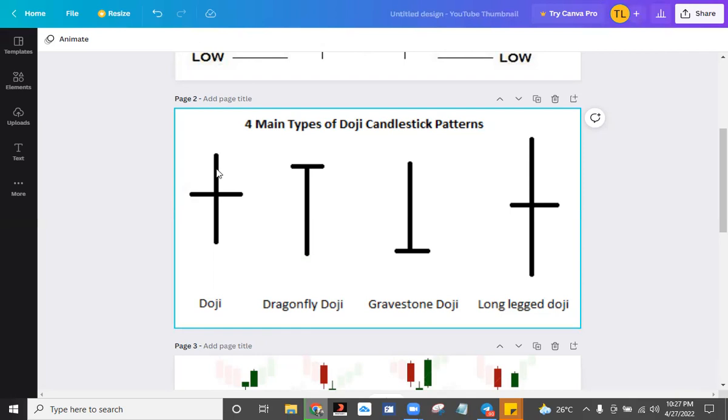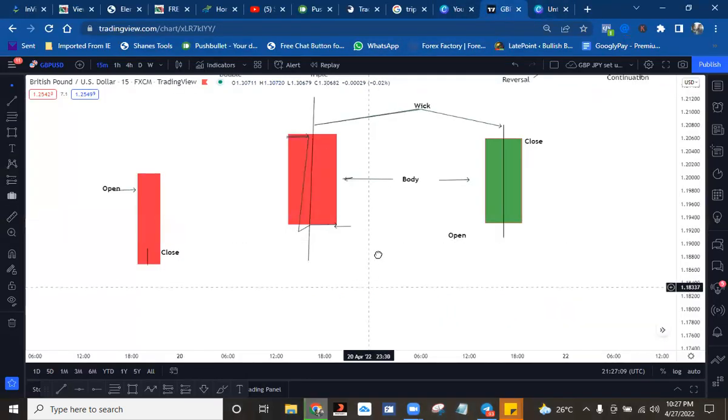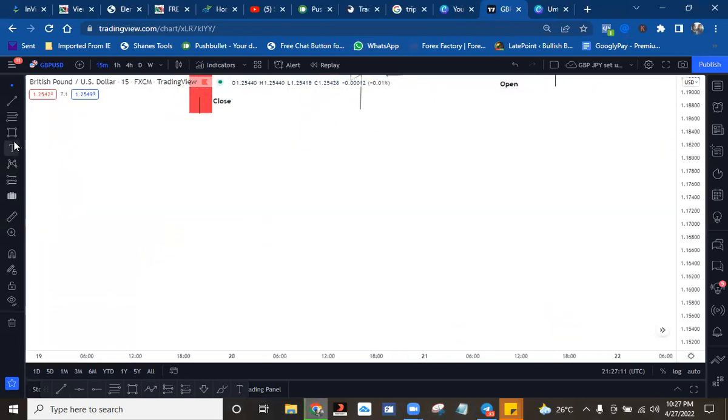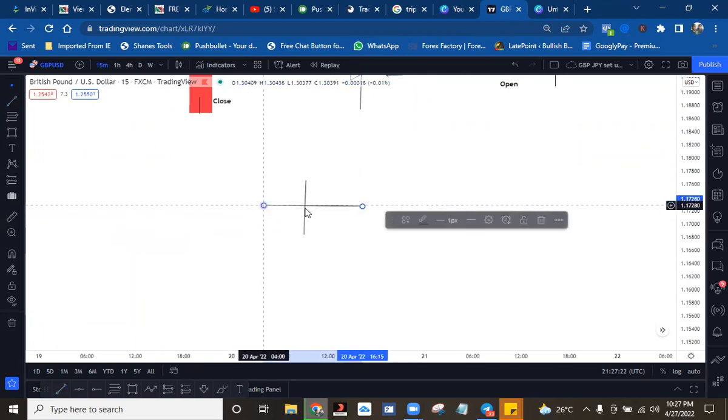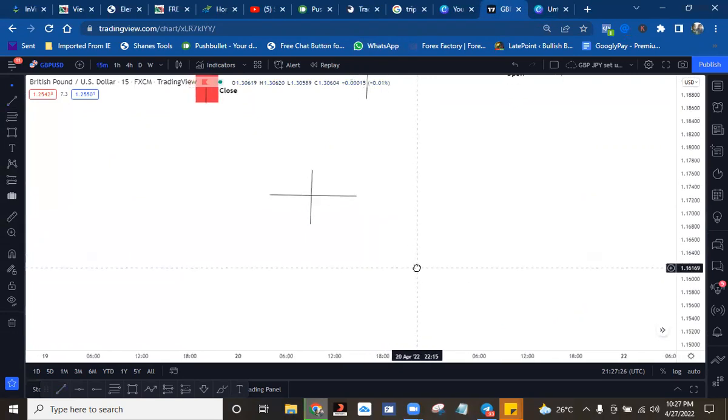Let's go straight to where we're going to create it clearly. When you see this candlestick on your charts, let me explain what happened and why it's called an indecision.